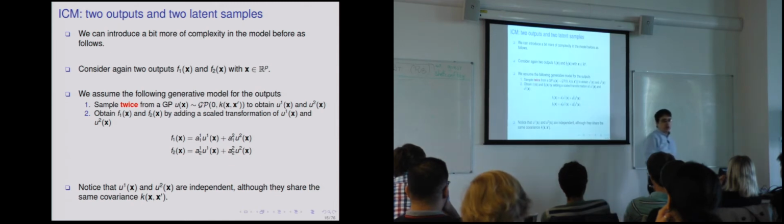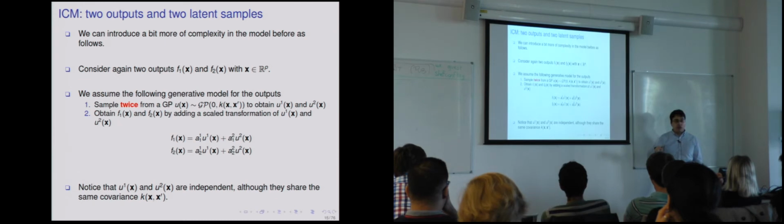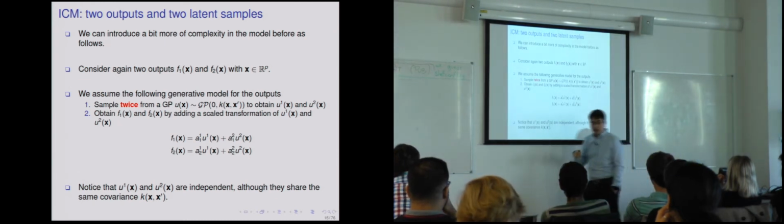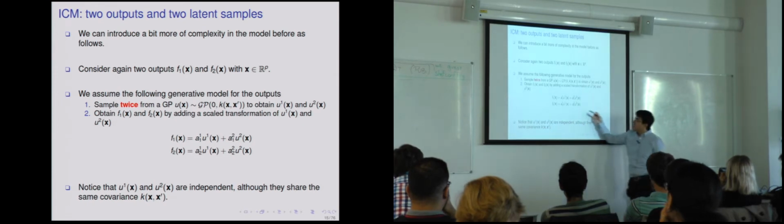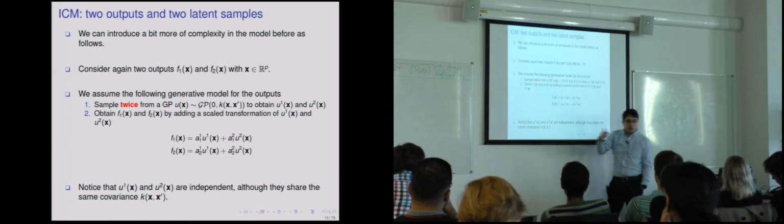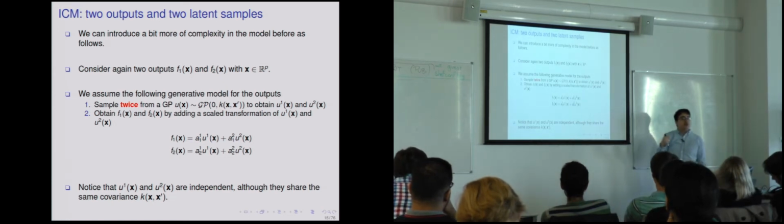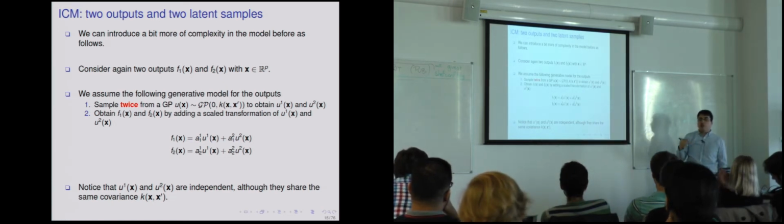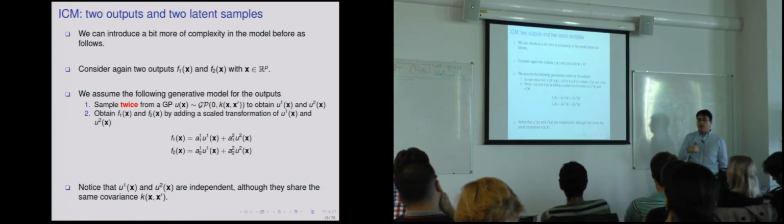So you are probably familiar with the IID assumption that you use in statistics. You say a random variable is sampled independently and identically. You can think of this in the same way. So I'm using this process u(x) to sample two random processes independently, but they share the same probability density.